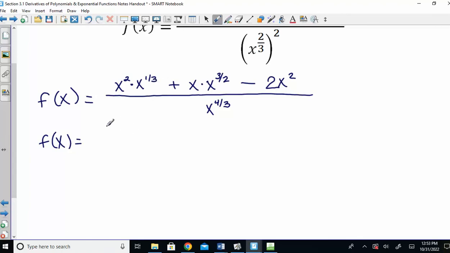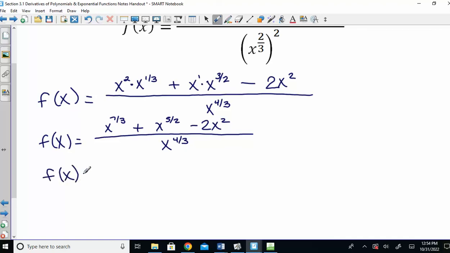When you're multiplying like this, what do you do with your exponents? So 2 is like 6/3 plus 1/3 is 7/3. 1 plus 3/2 is 5/2. Okay, this is better. Is it to the point where I can work with it yet? No, because I still have a division. But I could divide each of those things.